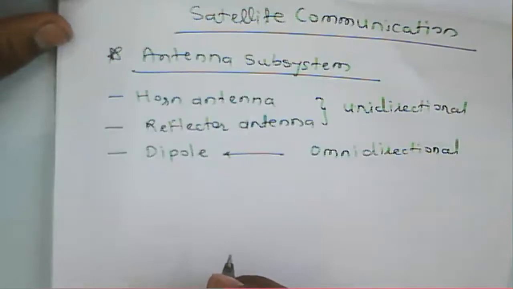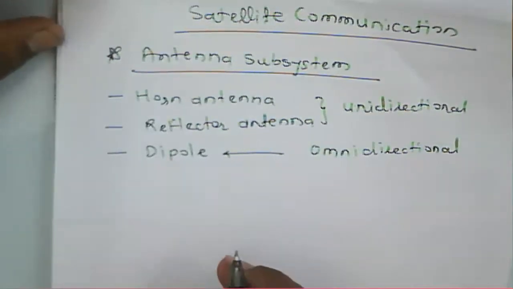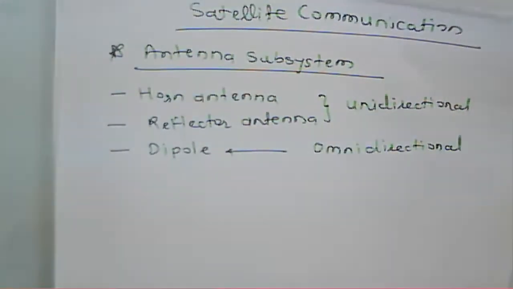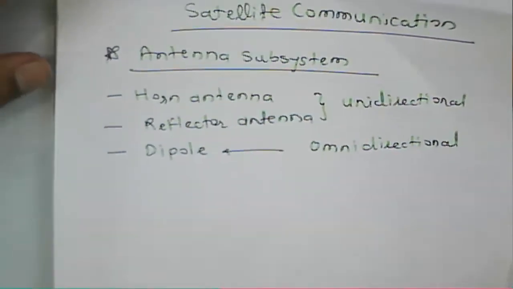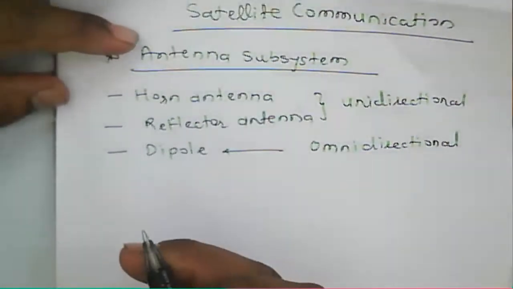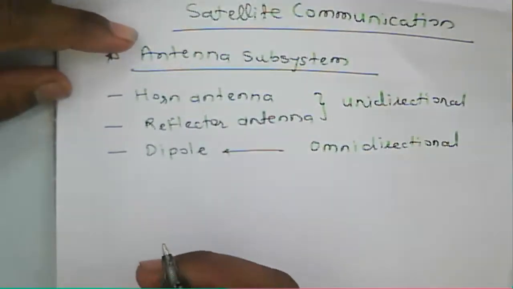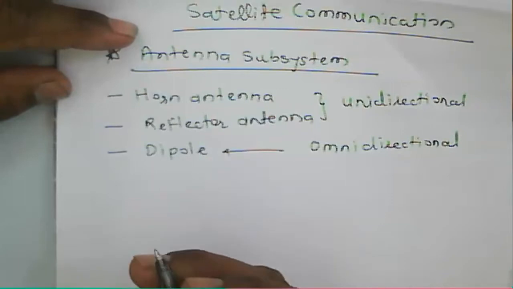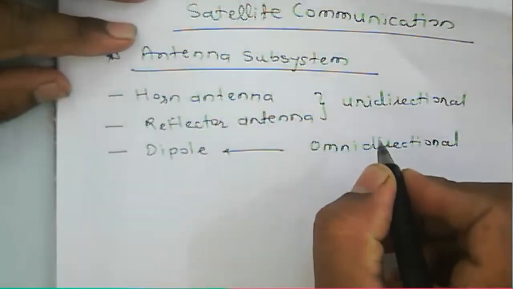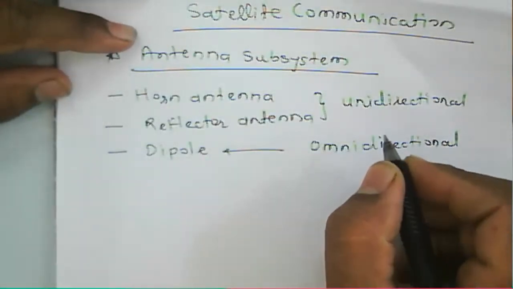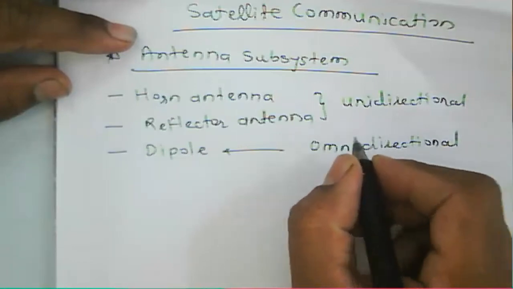Now whether that radiation pattern will be unidirectional or omnidirectional depends upon what type of antenna we are using. So if we say unidirectional, what does it mean? The antenna works for a given direction.